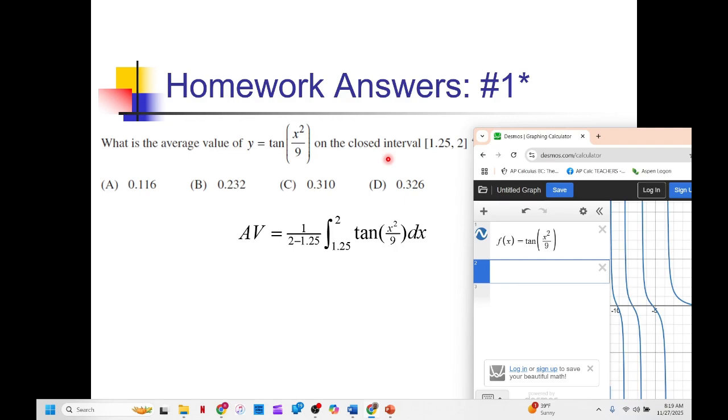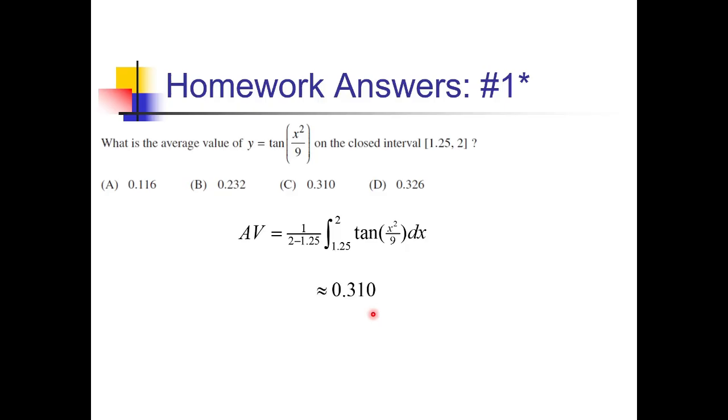Now I'll do my average value. 1 divided by 2 minus 1.25 times the integral from 1.25 to 2. And I can just write f of x dx in here now. And that comes out to about 0.310 if we round it to 3 decimals, giving us choice C.